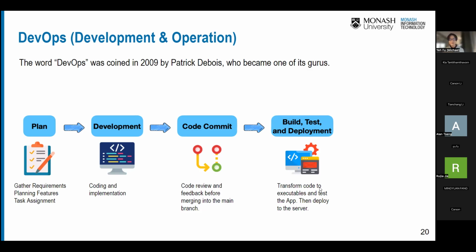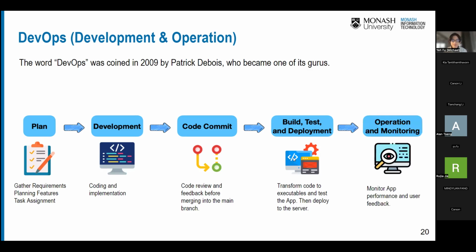Basically, we transform the code into executables, and we perform some stress tests of our application. And after the deployment, operation starts, and the app is available for customers to use, and then we monitor the app performance in the production scenario.